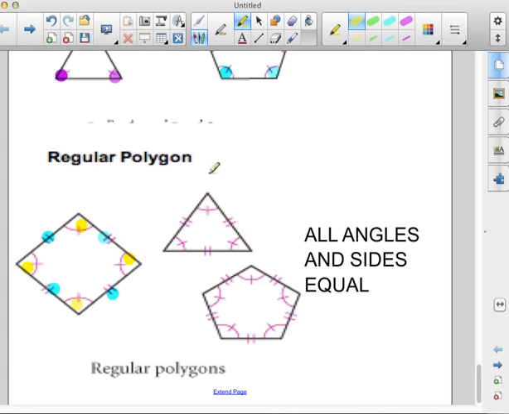That is said to be a regular polygon. Same thing with this triangle here. Notice that all of its sides are equal and all of its angles are equal. And the same with this pentagon. All of the sides are equal and all of its angles are equal. And this is what we call a regular polygon.